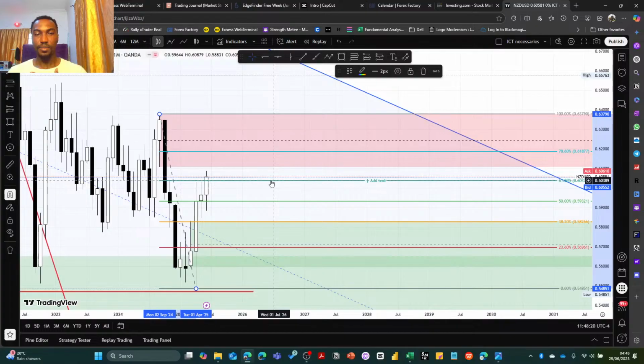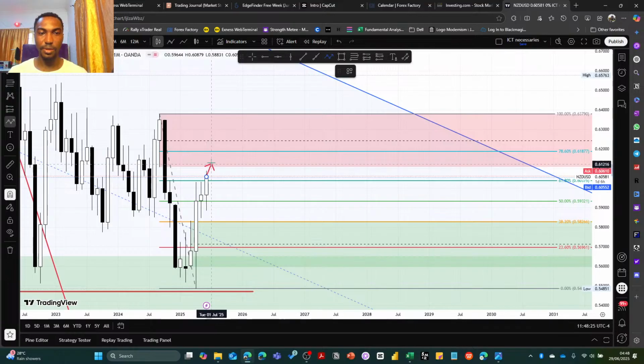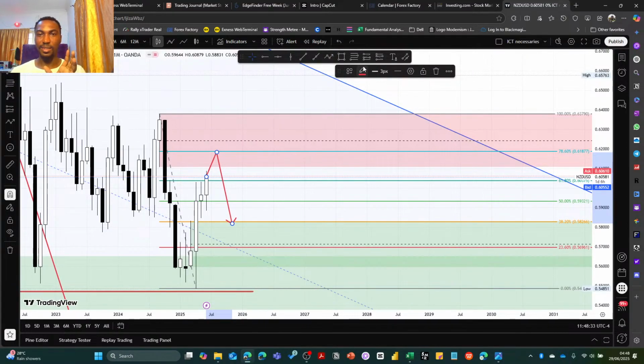And being in the premium means there's a high tendency we're going to see price come in here and react. This is like the highest tendency.